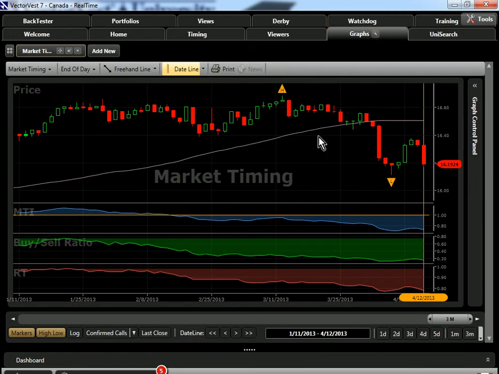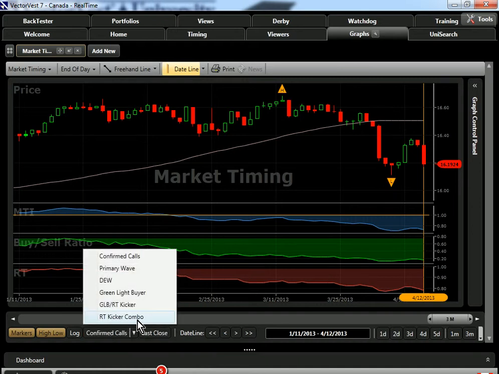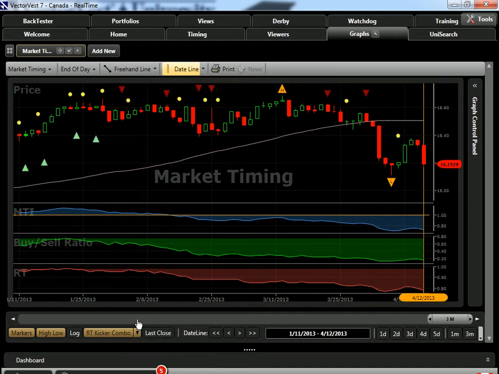And you guessed it, on the market timing graph, we'll come down to the bottom and add the RT Kicker combo timing dates. The first RT Kicker combo timing date came in on February 4th of this year. And so I can simply set up the tote board from February the 4th to current to see what strategy does the best making money day in and day out.